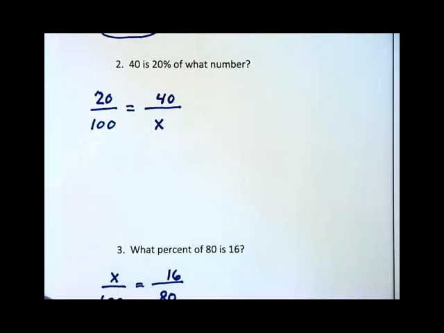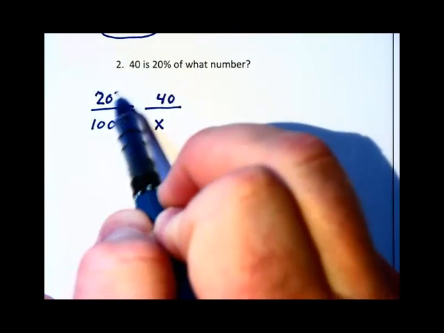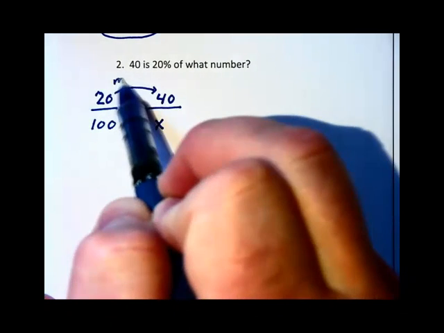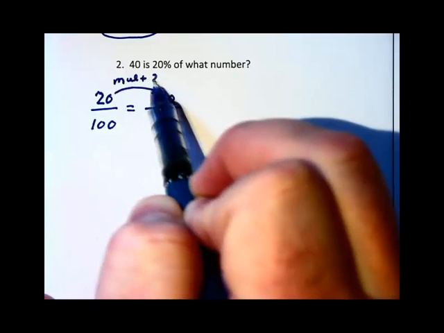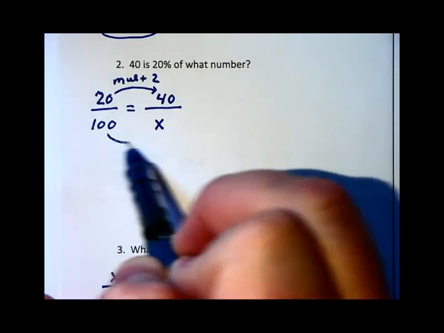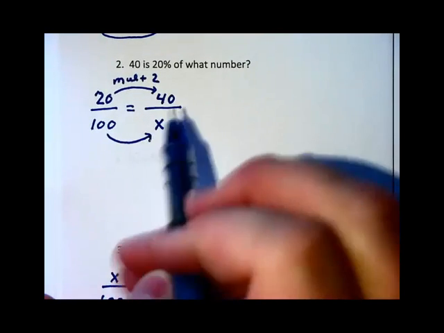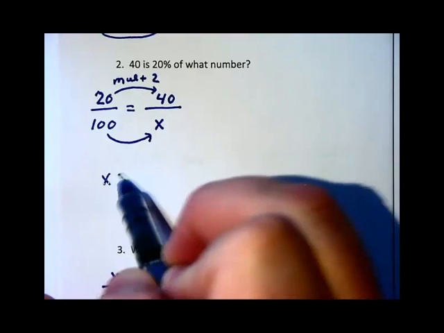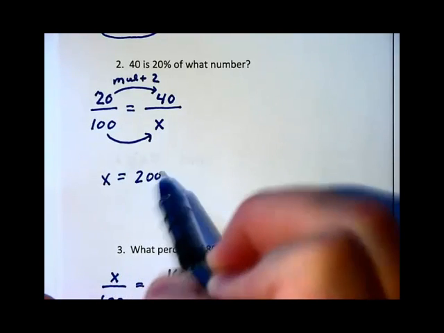In the second case, I look at my numbers, 20 and 40. I'm multiplying by 2 from numerator to numerator, so I can do the same thing down below and find that x is going to equal 200.